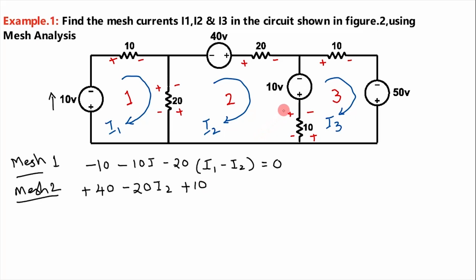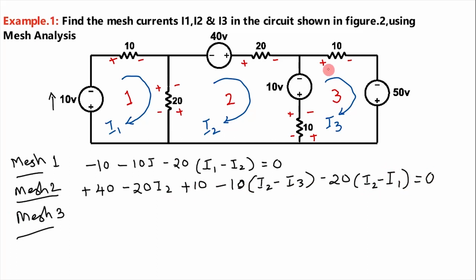Here in this loop, as I2 is flowing from plus to minus, the voltage drop is minus 10 into, as we are in mesh 2, I2 must be written first, minus I3, which is going in the opposite direction. Next comes I2 through 20 ohms, it is flowing from positive to negative, so minus 20, we are in mesh 2, I2 is to be written first, minus I1, which is in the opposite direction. So the algebraic sum is equal to 0.